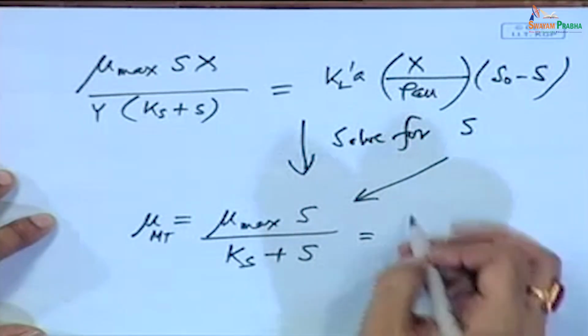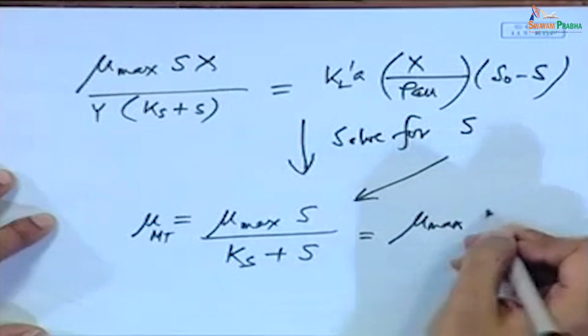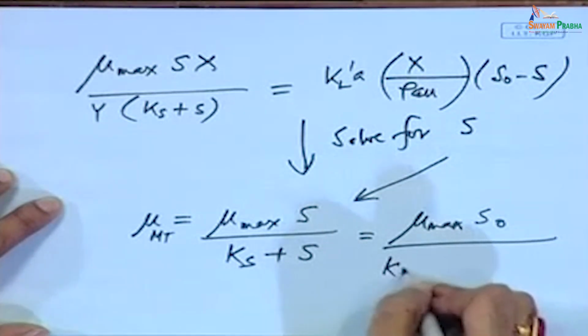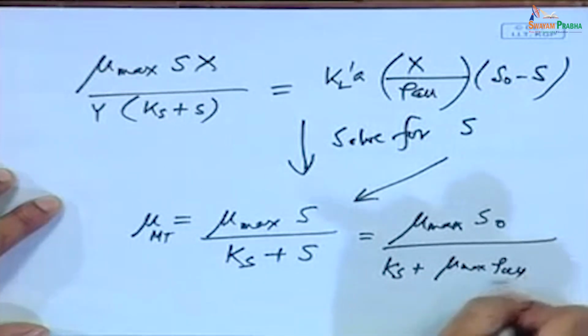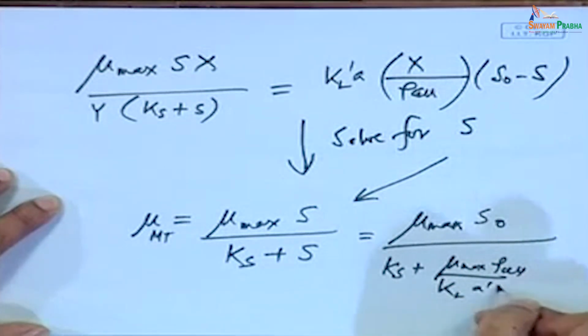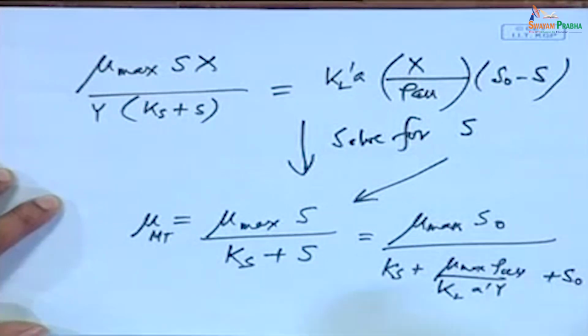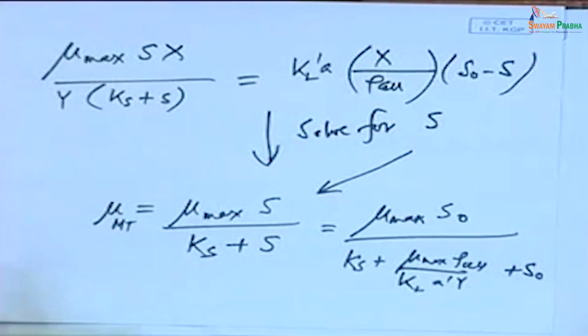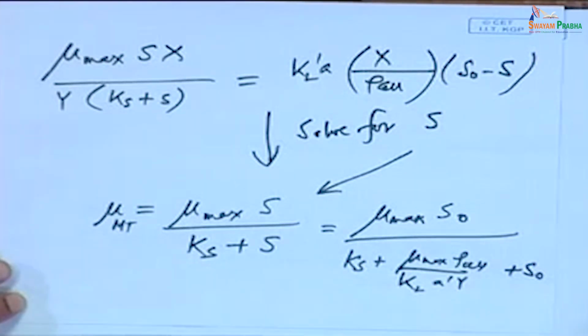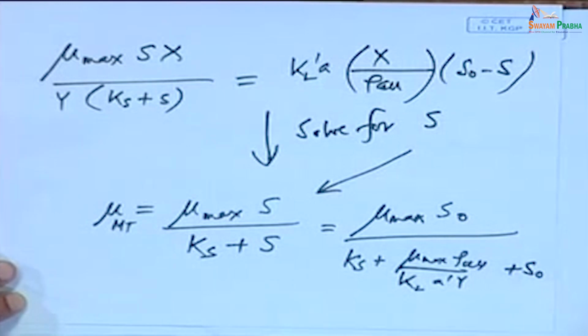Put that solution that you get into this. What you will get is mu max S naught Ks plus mu max rho cell KL A prime Y plus S naught. So solve for S, put this into this, and after a little bit of algebra, some denominators get cancelled, and this is what you get.